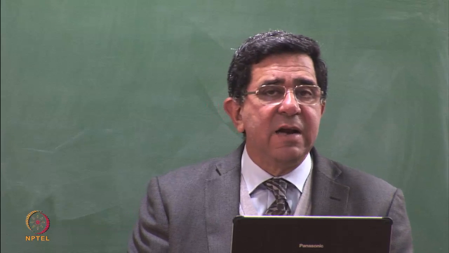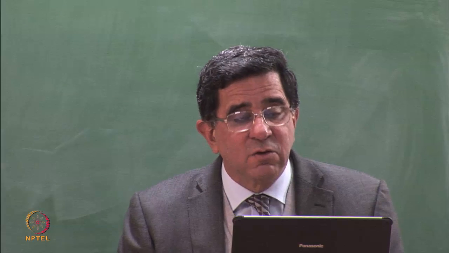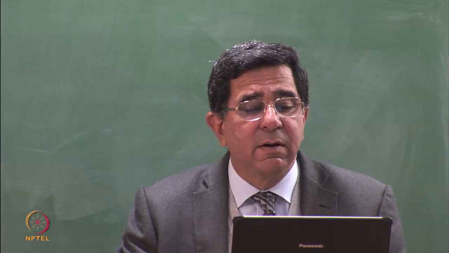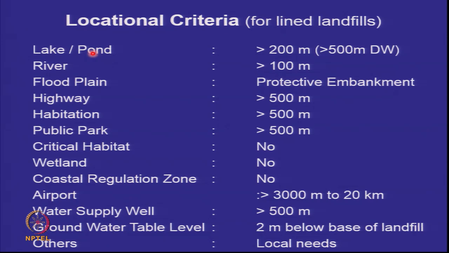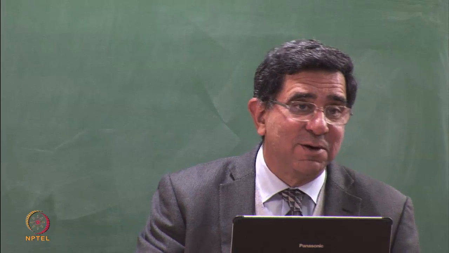But for us, broad locational criteria is already there as to the minimum distances from critical facilities. So when you have a landfill which has to be located at a site, you will check all these. It should be at least 200 meters away from a lake or a pond, more than 100 meters away from a river. If it's in a floodplain, that means that area gets flooded, then you have to make a protective embankment all around it, because you can't have your landfill being submerged and unsubmerged.